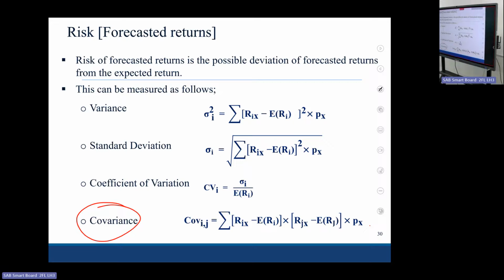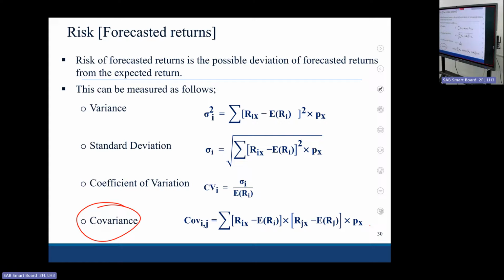But if you construct the portfolio using stocks with negative covariance, there is risk diversification. Because when X is decreasing, it implies that its risk also decreases.